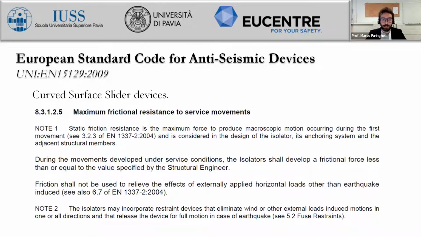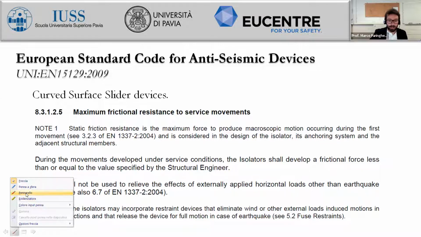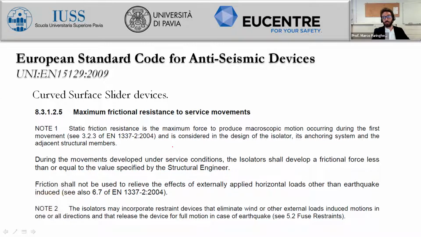Okay, and this is one important test which allows us to measure the frictional resistance, which is the name of the test, FR, frictional resistance. It applies when there are very slow motions.